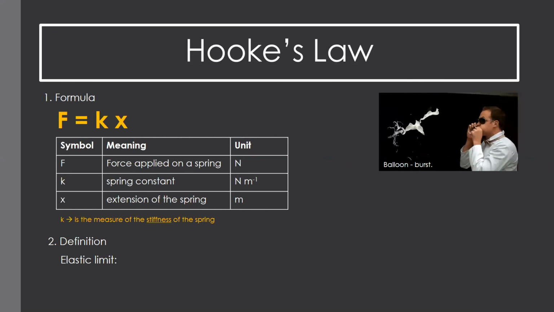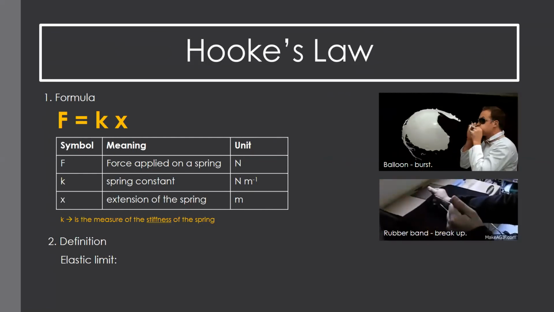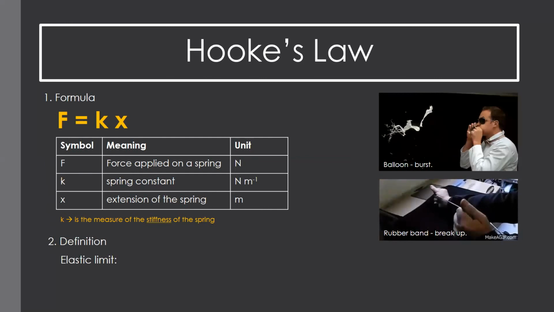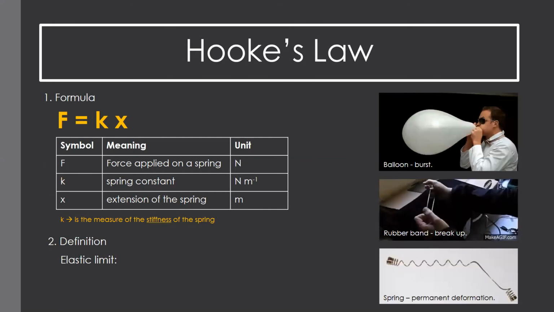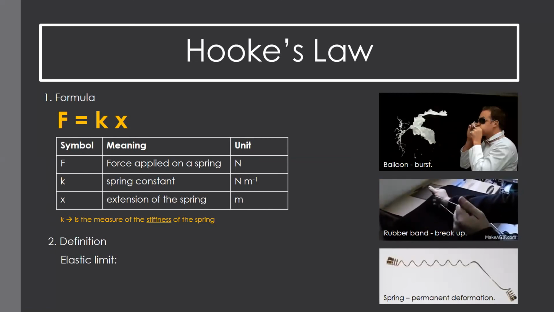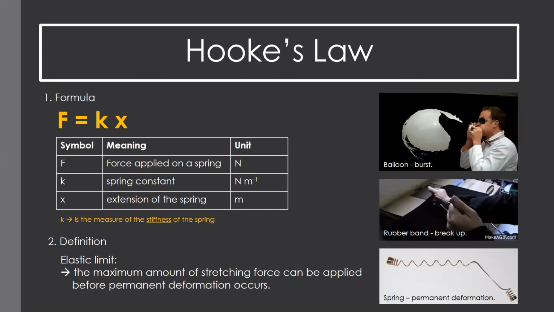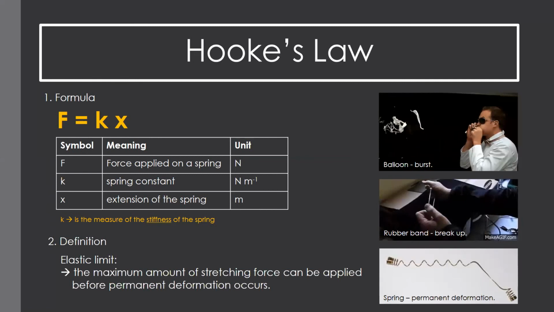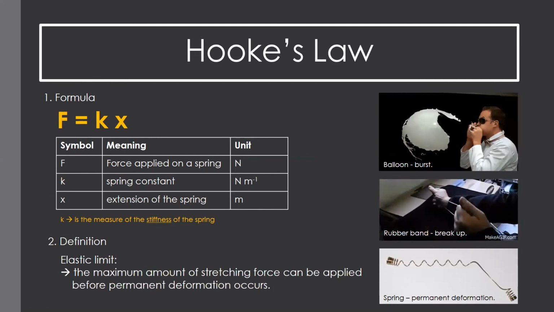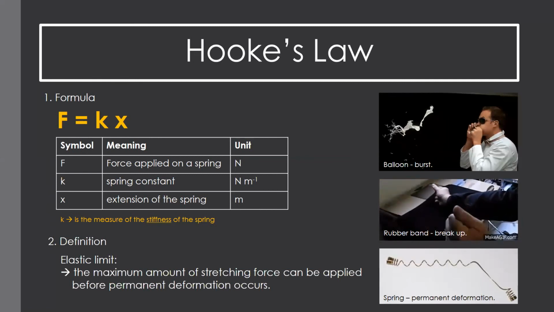Second example is the rubber band which is broken beyond its limit. So, what happened to a spring beyond its limit? Permanent deformation happened. So, what can we say about elastic limit is the maximum amount of a stretching force that can be applied to an object before permanent deformation occurs.